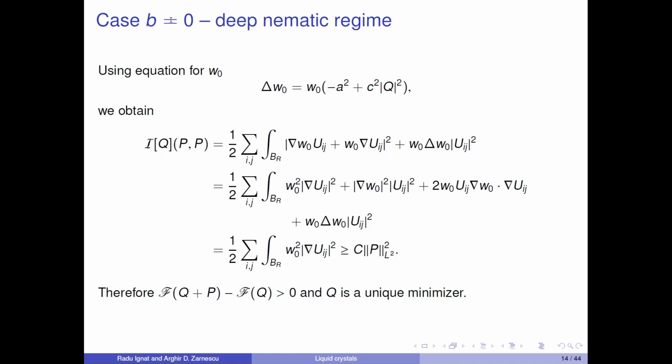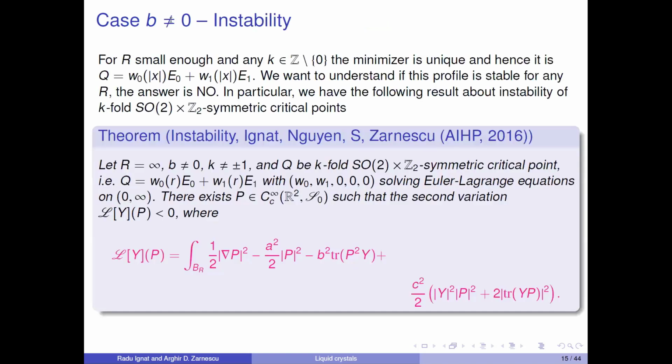Okay. So now it gets trickier when you have B non-zero, because in the case when B is non-zero, you have a more coupled system. And then we have that, as Radu was saying, that when R is small enough, you can use this convexity of the energy functional, which is really due to the fact that this controls the L2 norm with a constant that is the first eigenvalue.